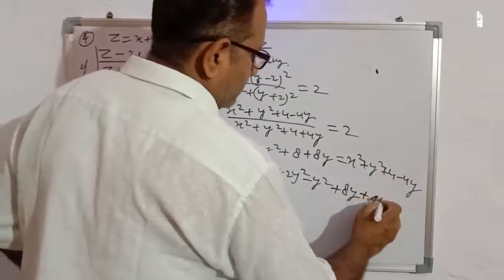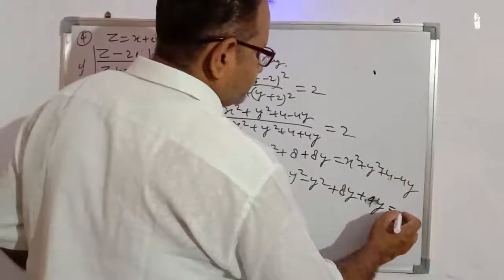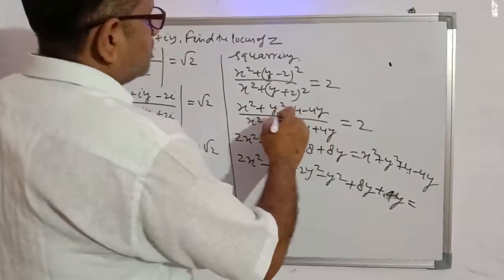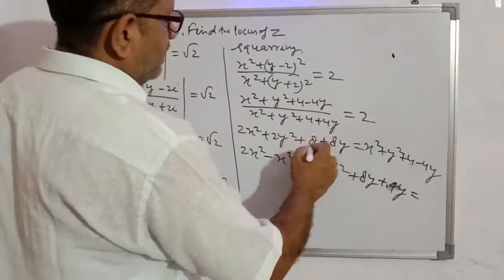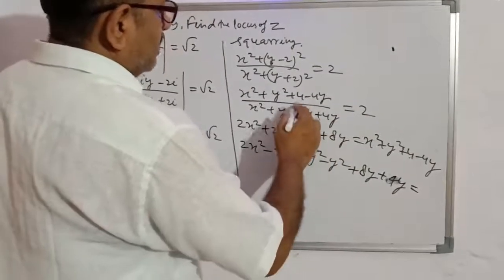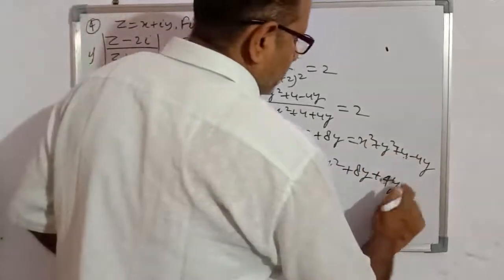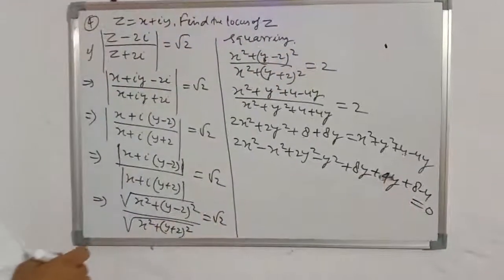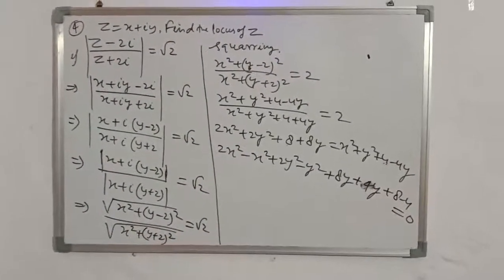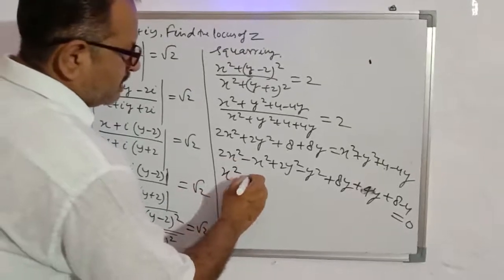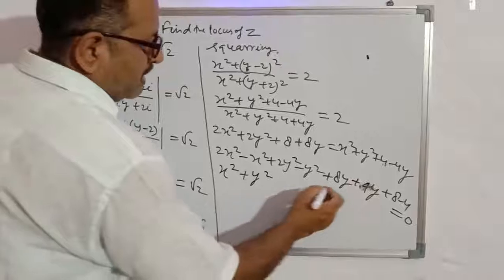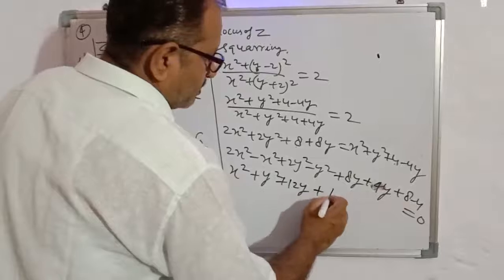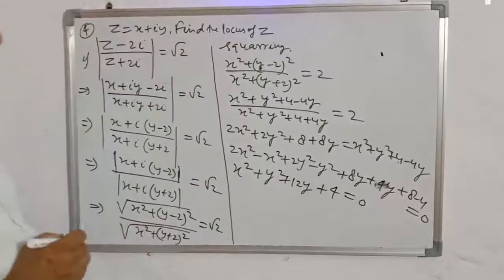Transpose minus 4y to the left side, and here 4. Minus 4y plus 4y, and 8 minus 4. So x square plus y square plus 12y plus 8 minus 4 is equal to 0, that is, 4.